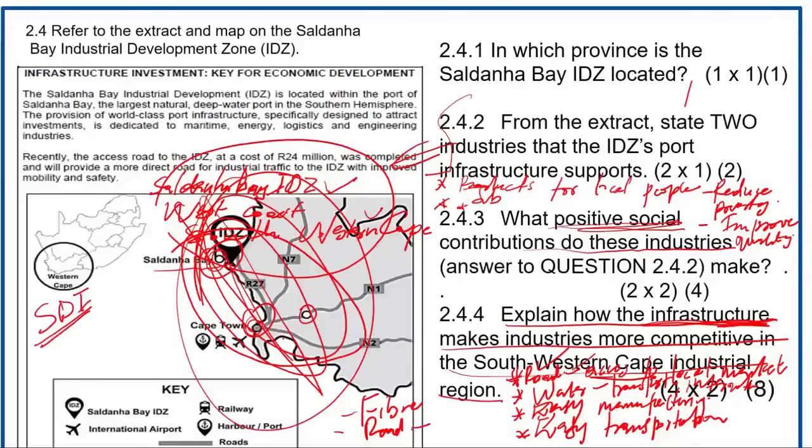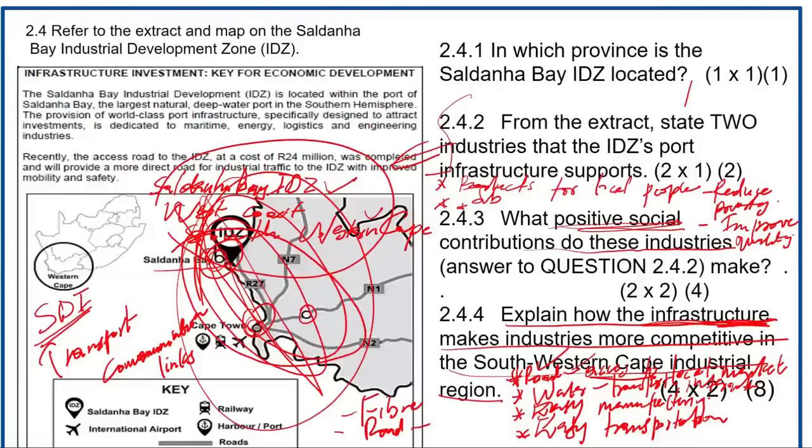It is a transport and communication link. What is this transport and communication link doing? It is linking the main industrial areas and the harbors.